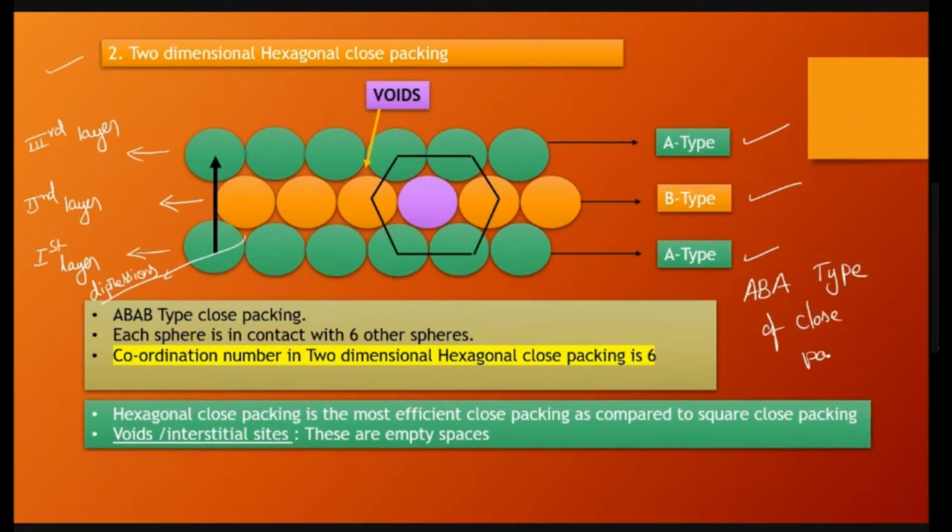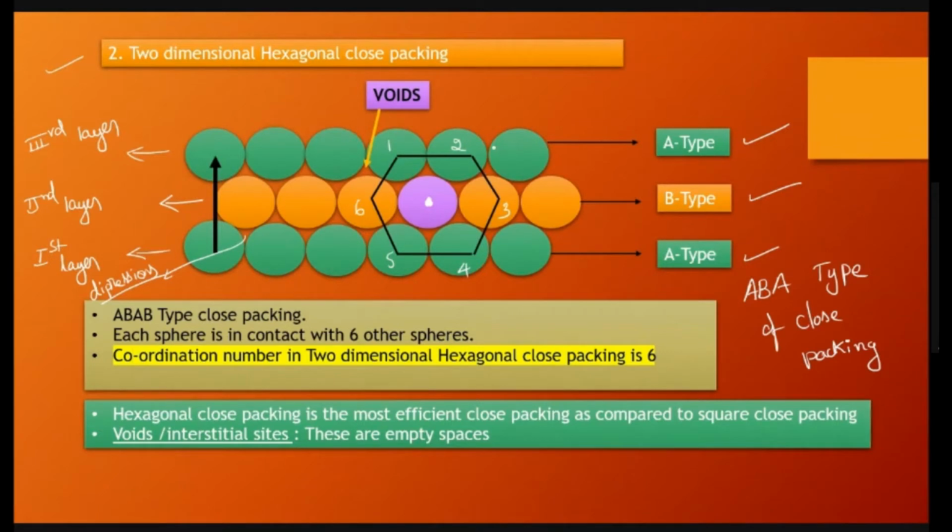Am I making it clear? Yes. So let us consider any one of these atoms. I'll take this purple color atom. How many neighboring atoms does it have? It has one neighbor, 2, 3, 4, 5, and then 6. So I can see 6 neighboring atoms for this purple colored atom.